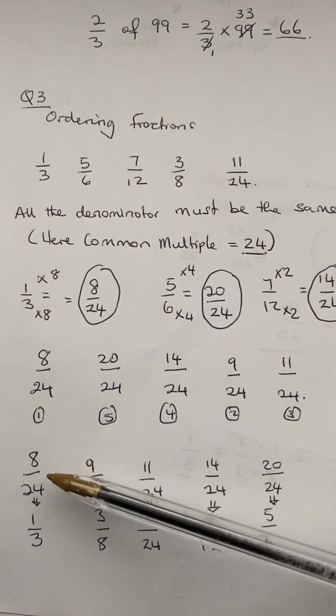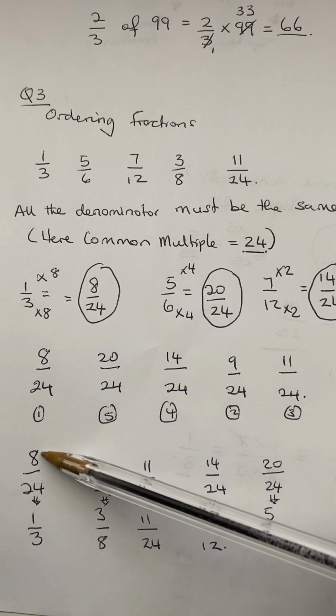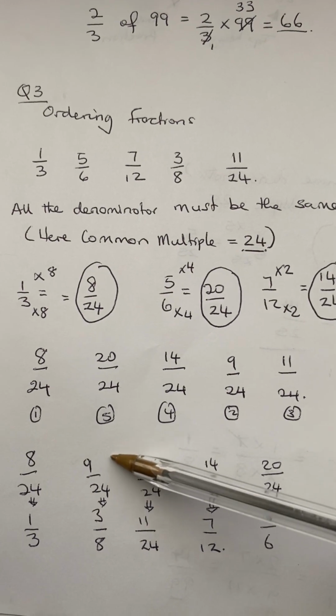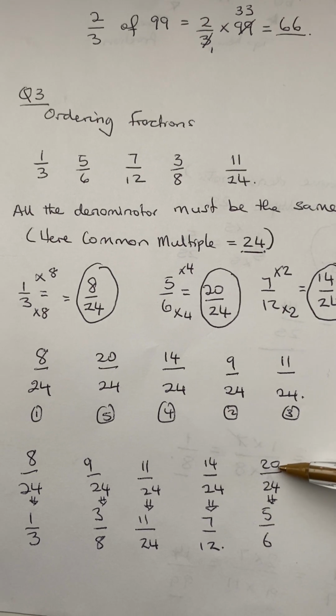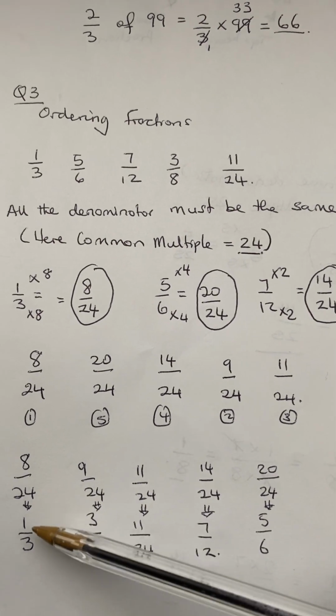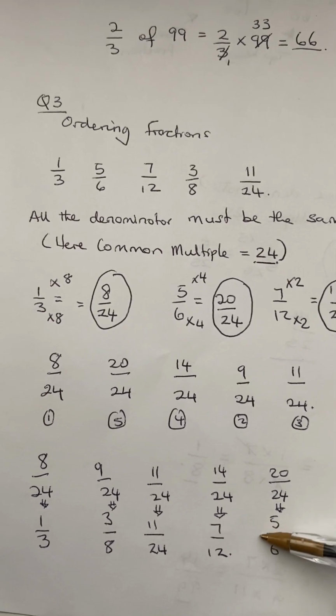What it means is you have 24 portions, and then you took 8, 9, 11, 14, and then 20. So now this is the new order from the lowest to the highest.